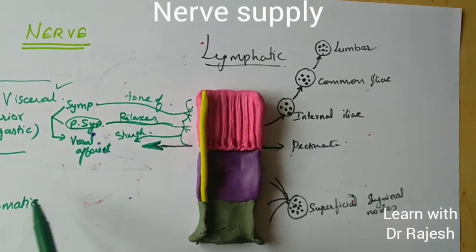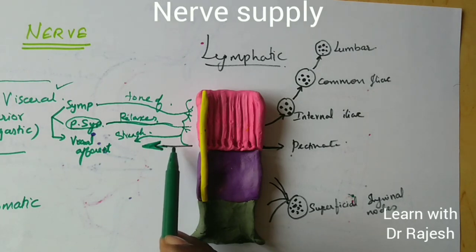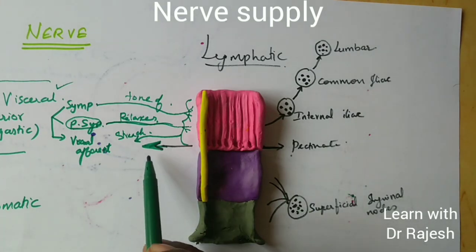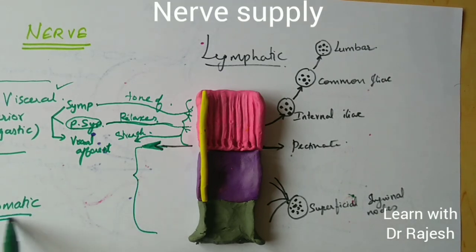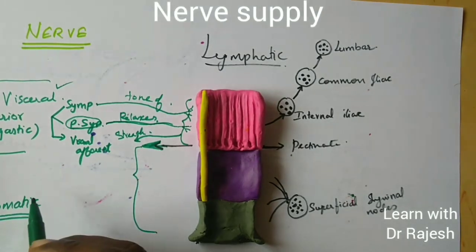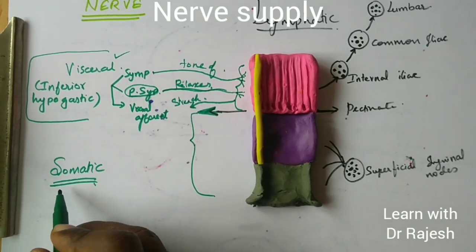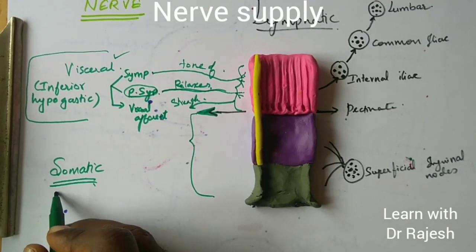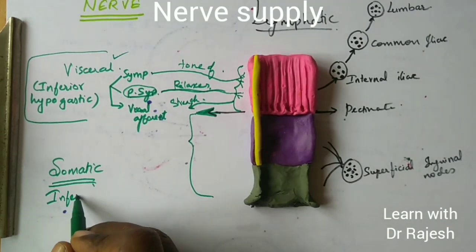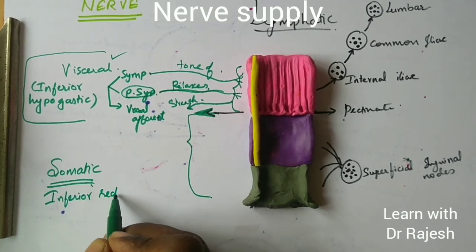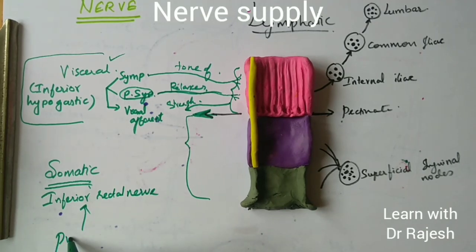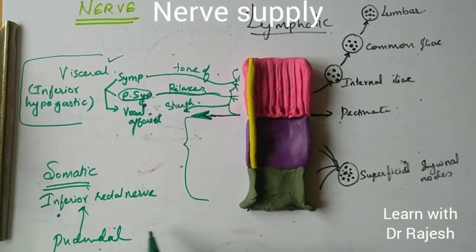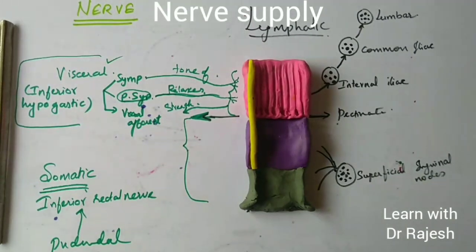That is about the nerve supply of the area above the pectinate line, that is the visceral. Now we will study the area supplied below the pectinate line. The region below the pectinate line is supplied by somatic nerves, by the inferior rectal nerve, which is a branch of the pudendal nerve.